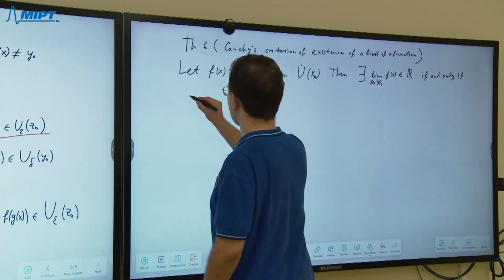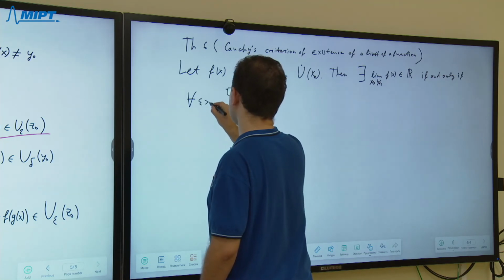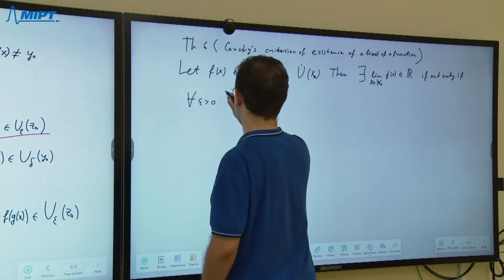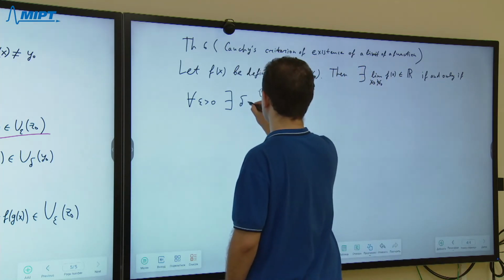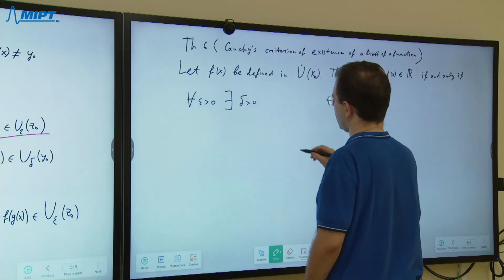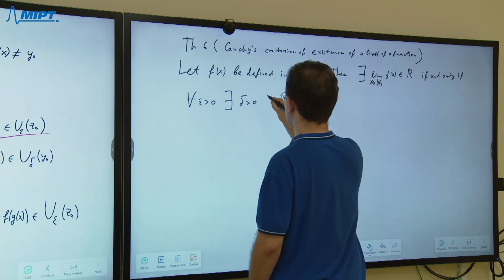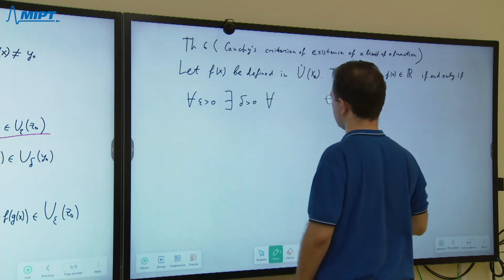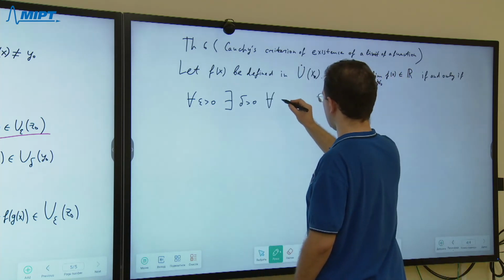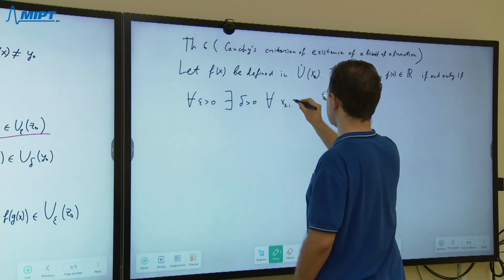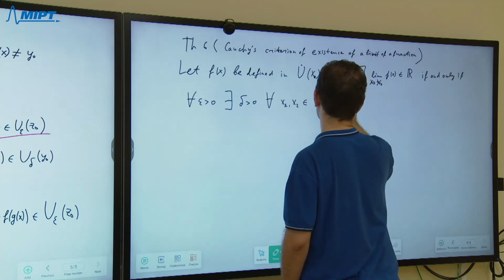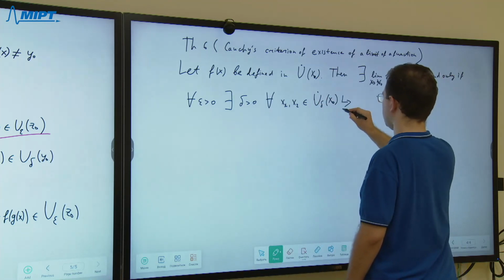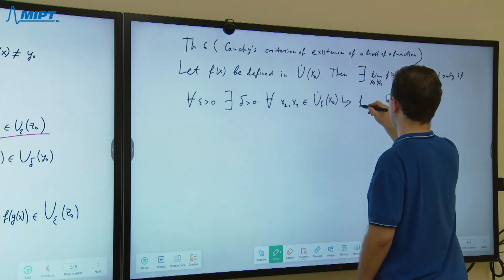Cauchy's condition: for any epsilon greater than 0, there exists delta greater than 0 such that for any points x1 and x2 from the deleted delta neighborhood of x0, it follows that the absolute value of f of x1 minus f of x2 is less than epsilon.